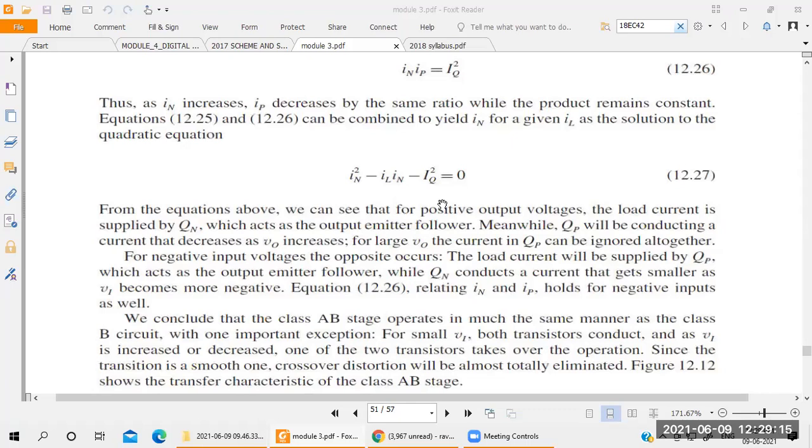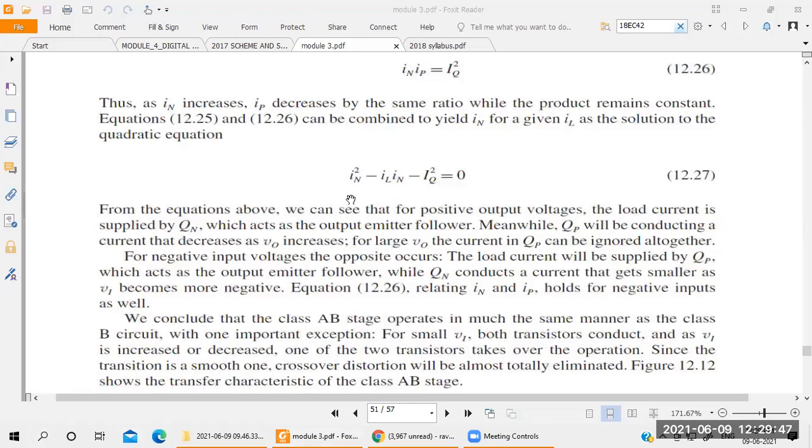It acts as a negative voltage, meaning we can decrease the voltage. Decreasing is the negative voltage, increasing is the positive voltage. So here you take positive voltage for the NPN transistor, negative voltage for the PNP transistor. That is the meaning of this equation. Understood? IN square minus IL into IN minus IQ square is equal to 0.